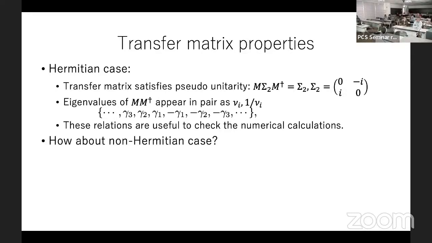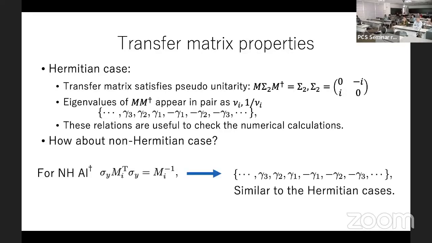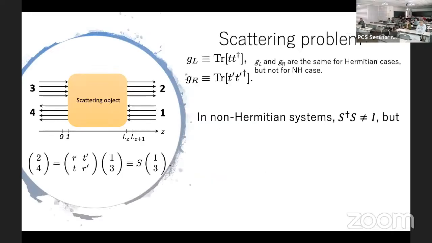And even in the case of a non-Hermitian system, for example, non-Hermitian plus A1 dagger, we have this symmetry for the transfer matrix. And the plus and minus symmetry remains, even in the case of a non-Hermitian system. So this is one way to check the numerical calculation. Another thing is a scattering matrix.